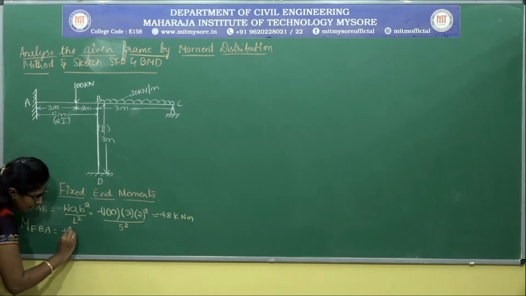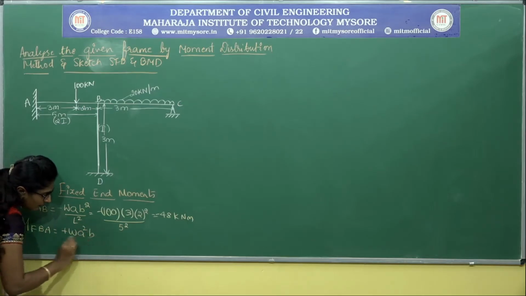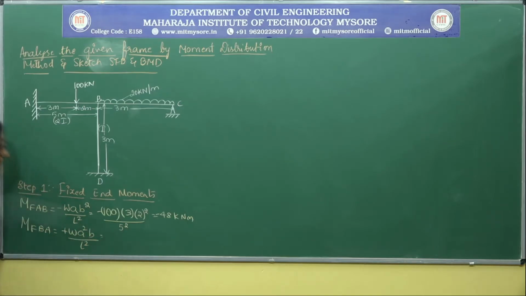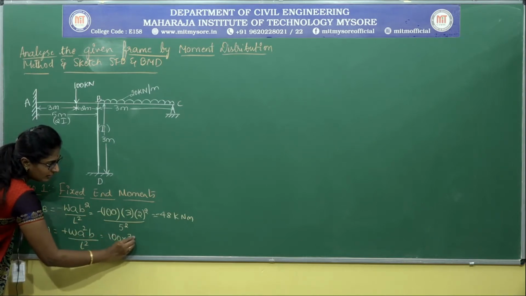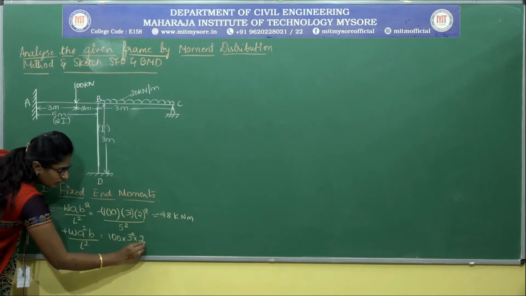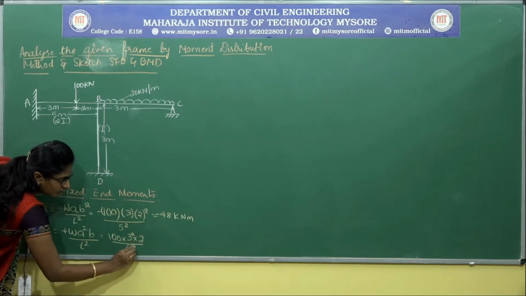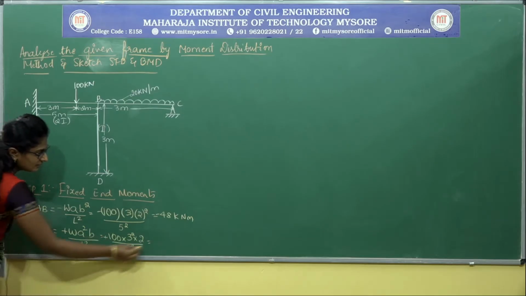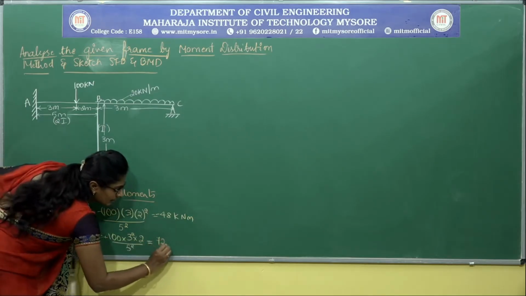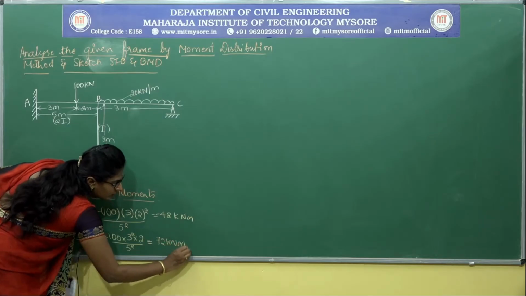Then MF BA is plus W a square b by L square, that is equal to 100 into 3 square into 2 divided by 5 square, equal to plus 72 kilonewton meter.